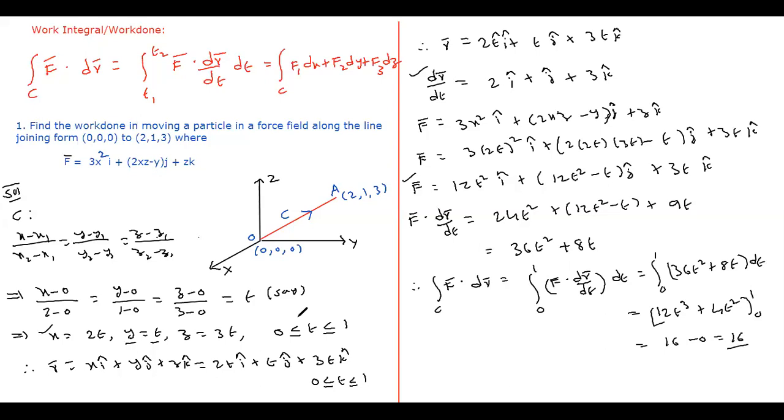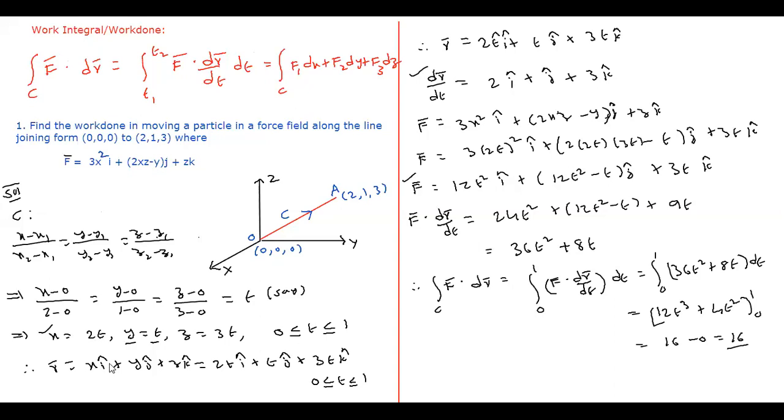Do you agree? So what we did to find the line integral: we need f bar and the equation for r bar, which is a curve equation. The r bar equation is not given directly. Therefore, we found the r bar equation, which is xi bar plus yj bar plus zk bar.